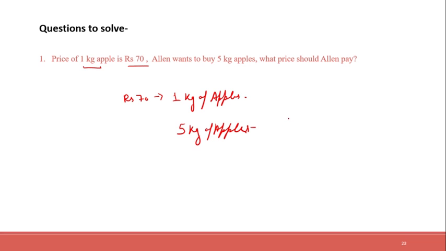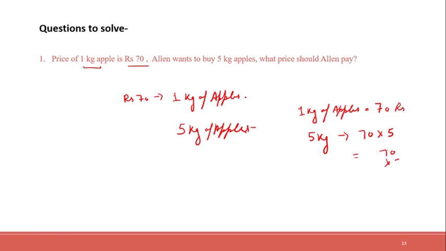For this, the rate of 1 kg of apples is equal to 70 rupees. For 5 kg, Ellen has to pay 70 into 5, because for 1 kg it is 70, for 5 kg Ellen has to pay 70 into 5.